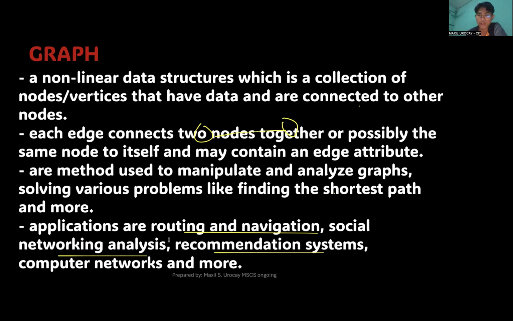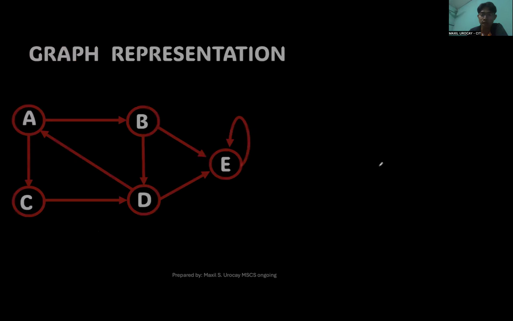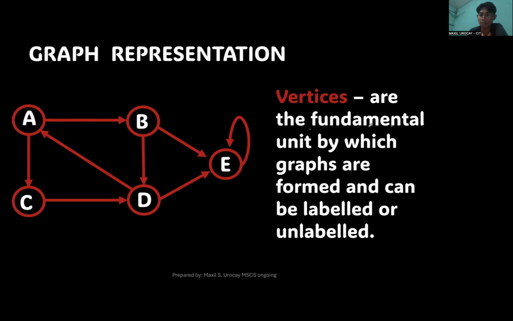Now let's define the representations of graph data structures. First, we have the vertex, which is the fundamental unit by which graphs are formed and can be labeled or unlabeled.